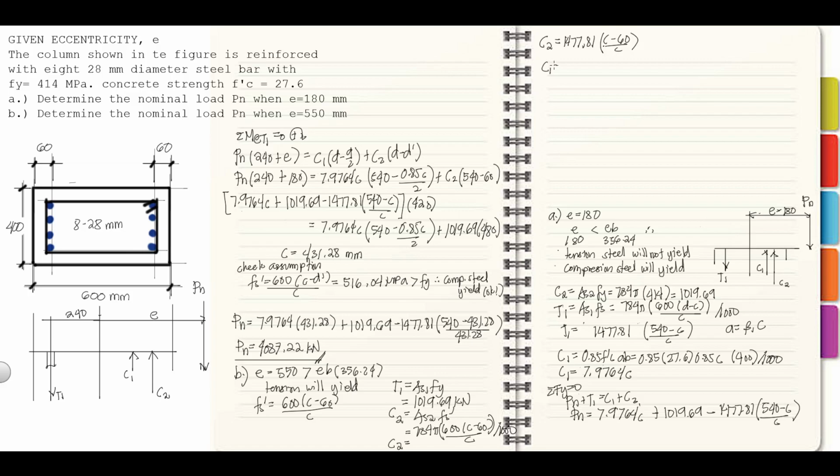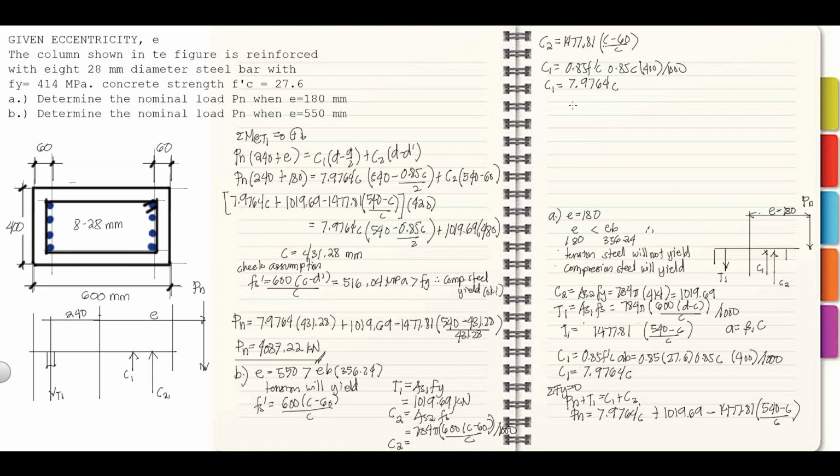Okay? And for our C1, that is 0.85 f'c a b. Okay? A natin is 0.85 C times b. Ang b natin is 400. Okay? Divide natin ng 1,000 to. So, ang C1 natin dito is the same dito. That is 7.9764 C. Okay, yun yung ating magiging C1.